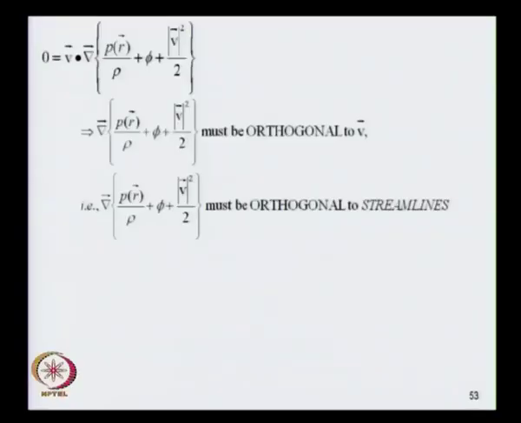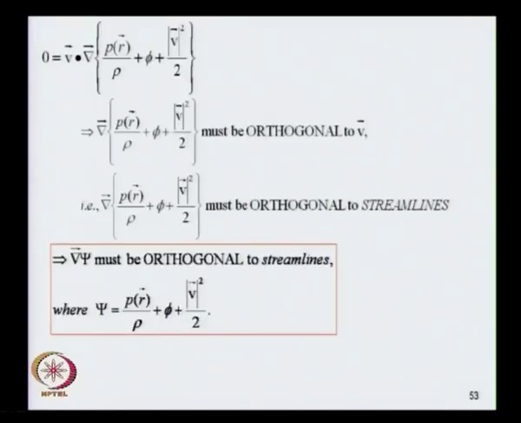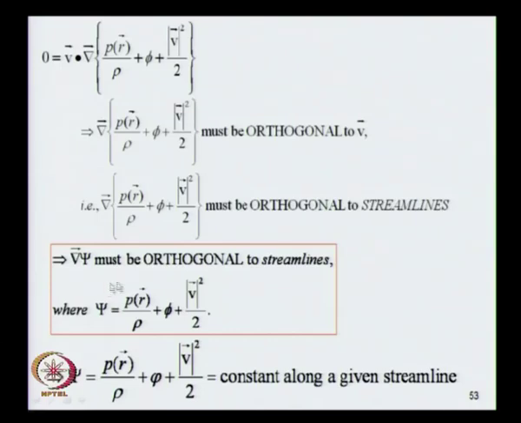Okay. So, for this case the quantity in the beautiful bracket, the sum of these three terms, I write as a function psi. Our conclusion is that the gradient of psi is orthogonal to the streamlines, which means that psi itself is a constant for a given streamline.